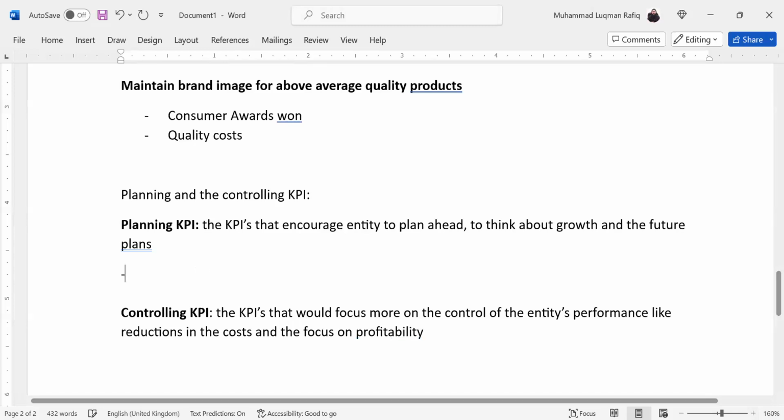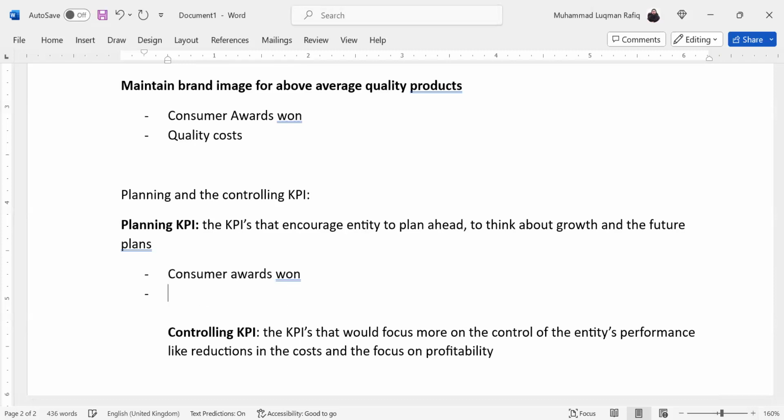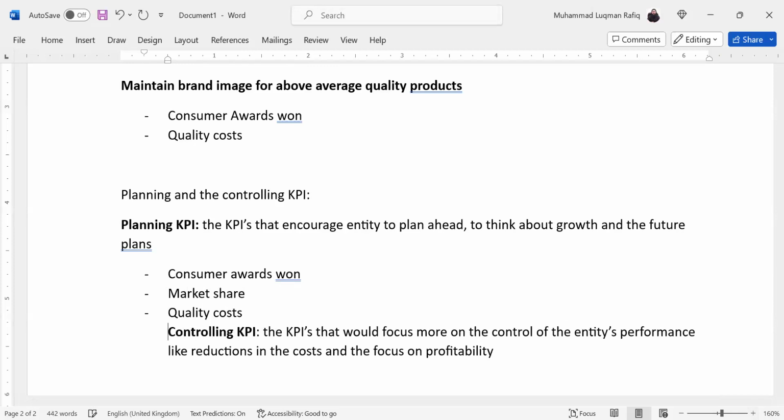Okay, the margin of safety is about consumer awards one, market share, quality cost. Yeah, quality cost can be both, yes.